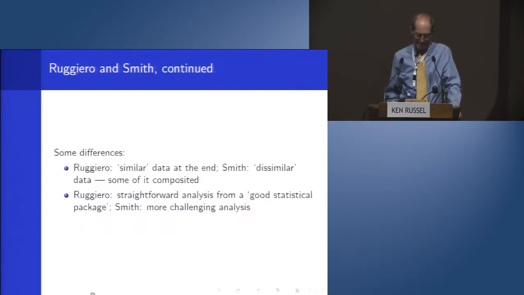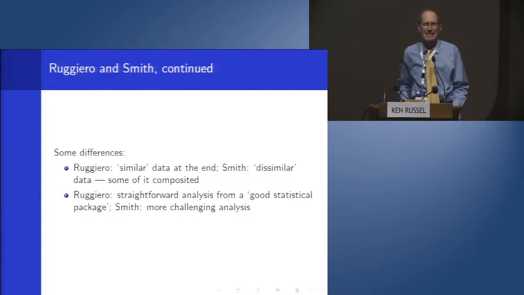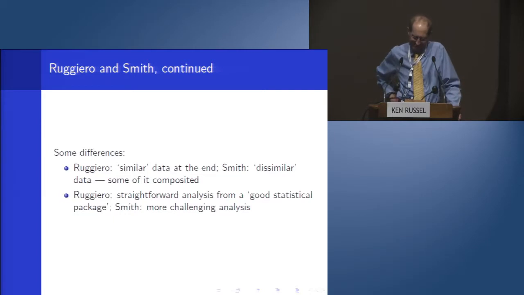There were some differences between those papers because Kathy finished up with similar data at the end. You know, all the units were sort of the same kind of thing, whereas Alison finished up with what I would call dissimilar data because some of it was composited, if that's how it's pronounced, and some of it was not. And Kathy, I believe, would have probably had a straightforward analysis if she has a good statistical package.